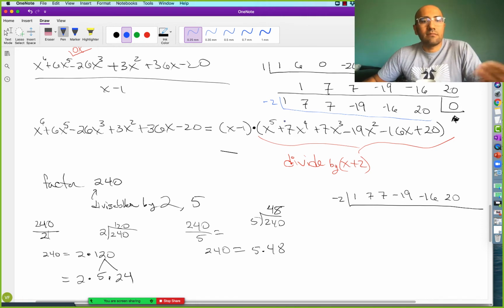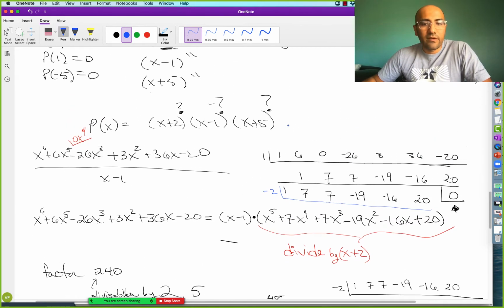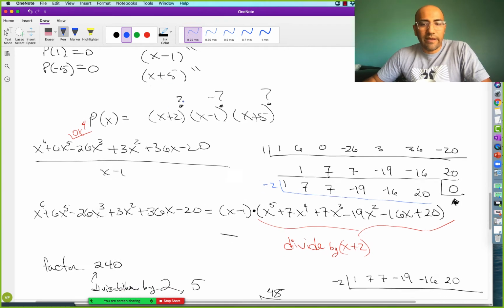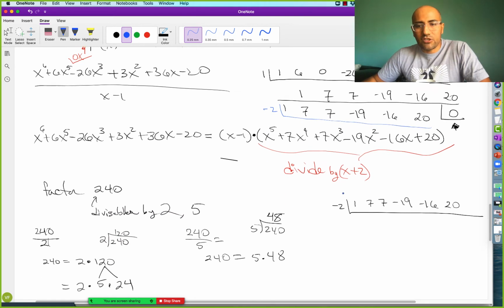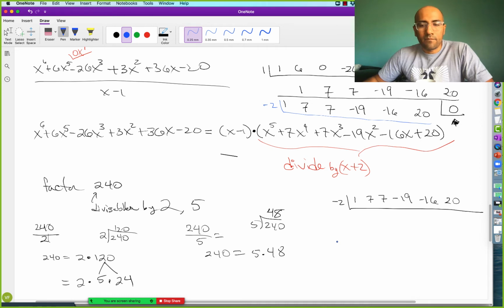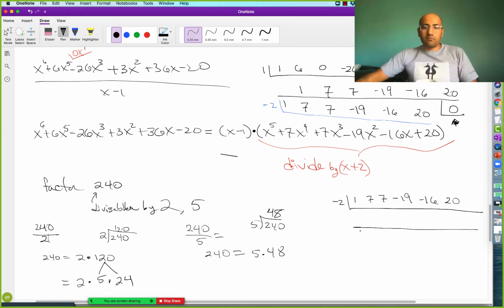And you can probably imagine the next one is going to be to do it with a minus 5. So you get an answer from here, and then you do the minus 5, and just begin to chip away at it until you get the whole thing. There are some other notational shortcuts that are also popular out there. Some of you might be familiar with them. They're all derivatives of the same thing.